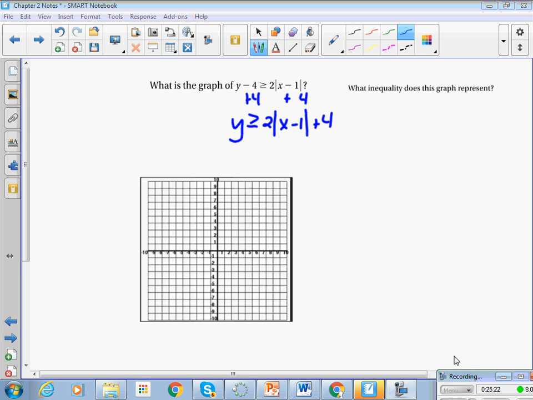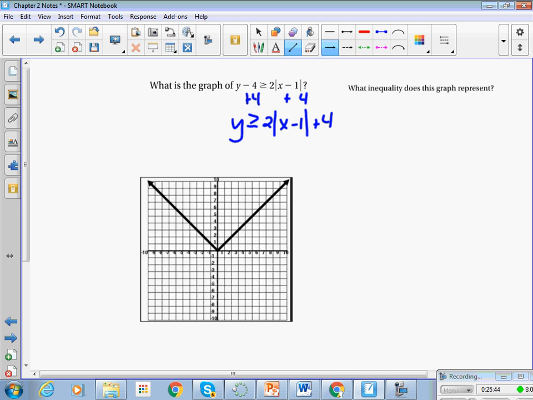Okay, so we did these kind of transformations yesterday. I'm going to throw down, you guys do not write this down, the parent function of an absolute value equation. So an absolute value equation has a V shape. Its vertex is at the origin.